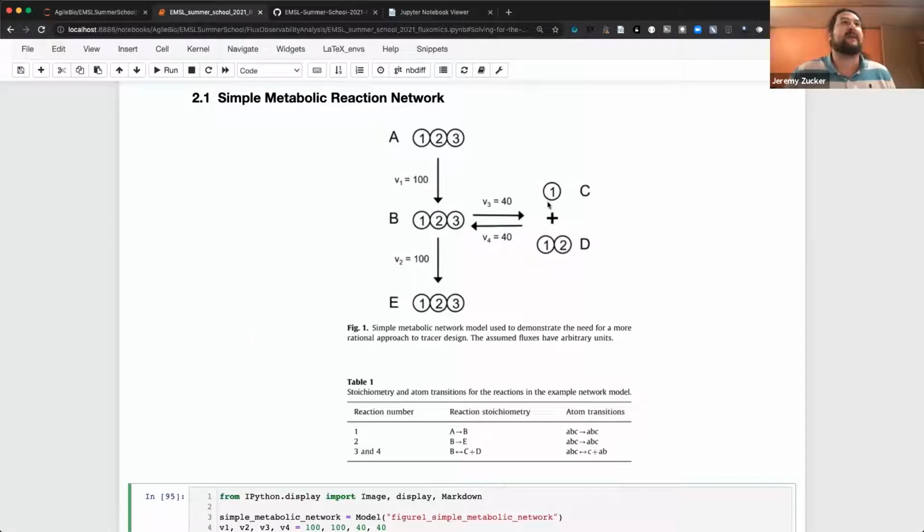So this guy right here goes out and comes right back in. It doesn't escape out of the system. Later on, I show an extended model where there is escape. But for this very simple model, B goes to C plus D, and then C plus D goes right back into B and then down to E. Did that answer your question, Arvin? Yes, okay, cool.